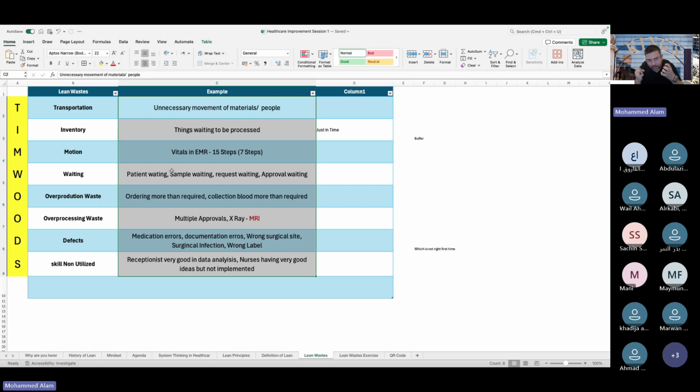Sometimes you might have experienced this in a hospital. You go to a nurse, the nurse takes the vitals and then asks you multiple questions. Then you go to another station, and they also ask the same questions.